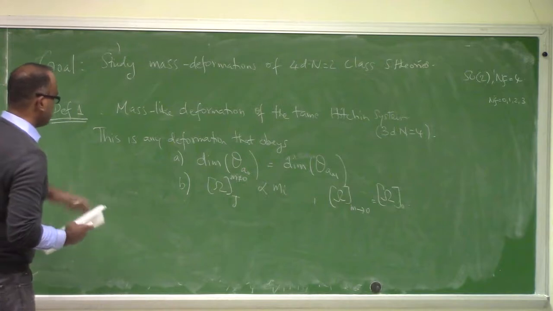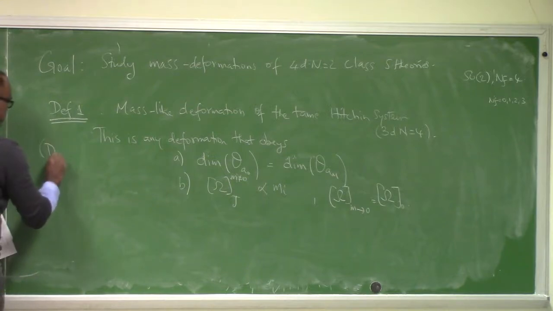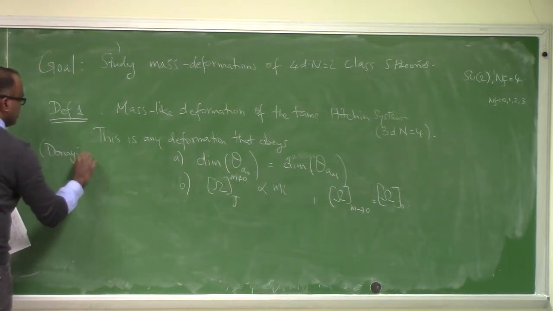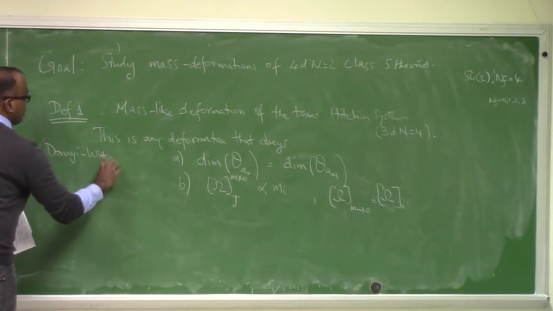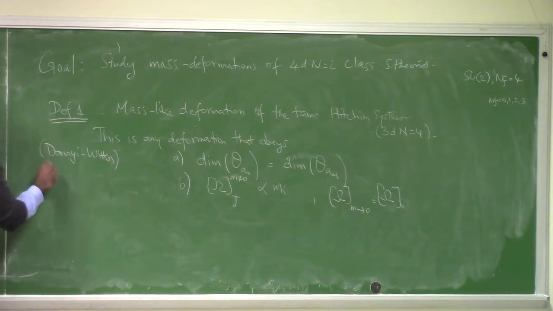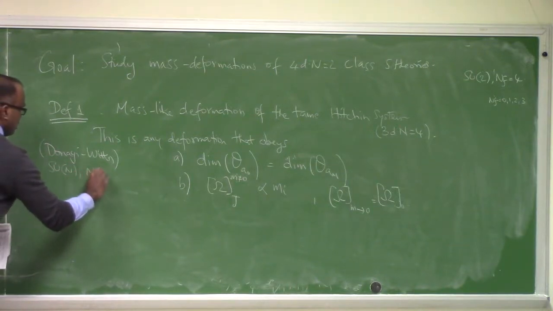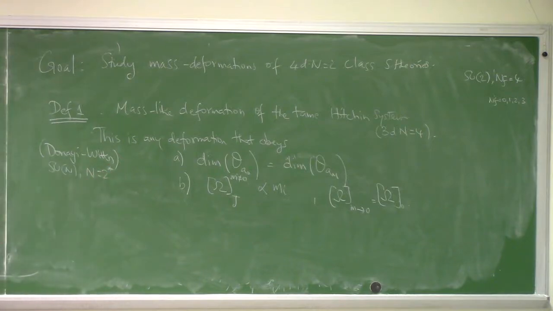So in fact, I should emphasize here that the motivation for our strategy goes back to a paper of Gaiotto and Witten, the same paper that I cited earlier, in the 90s, where they studied the Hitchin system for SU(N), what's called the N=2* theory.